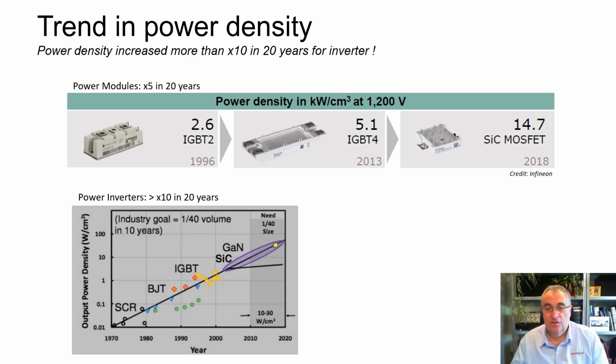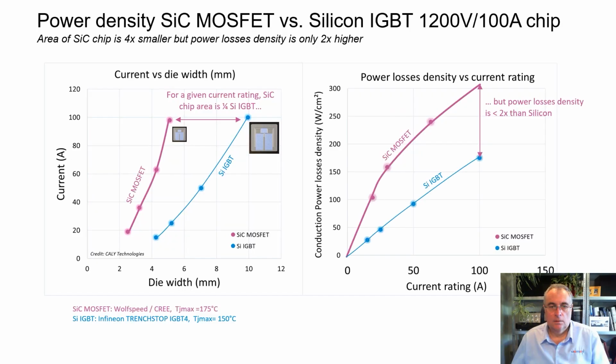So for sure, this has a lot of impacts regarding cooling. It is important to compare silicon and silicon carbide power density as a function of the die size. On the left-hand side, we have the die width as a function of the current, and for a given current, here, for example, 100 amp, you can observe that the chip area is approximately 1/4 that of the exact same silicon IGBT.